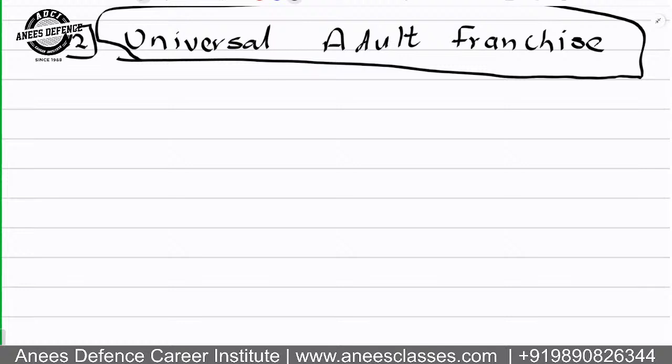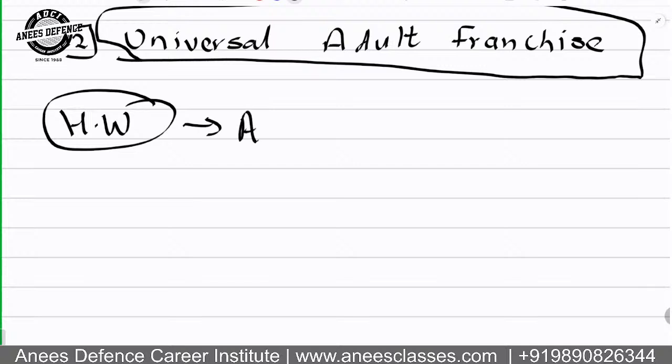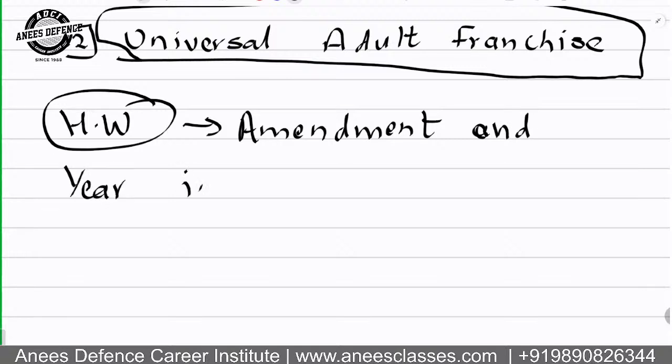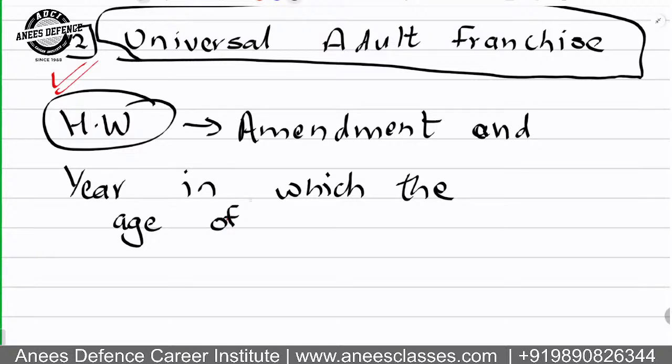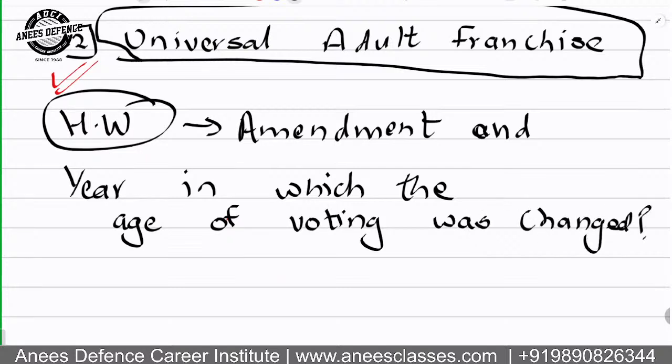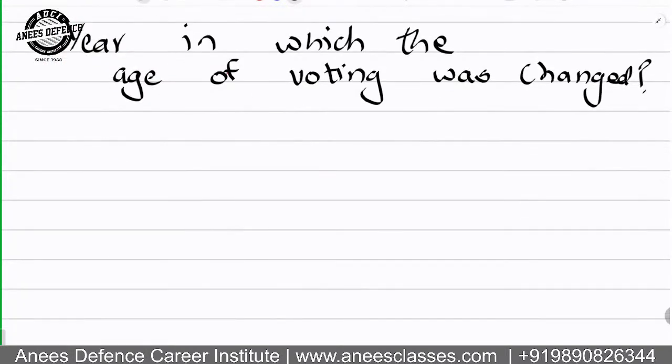Next. Now, homework for today is the amendment and year in which the age of voting was changed. This is very important from MCQ point of view. It was 21 and right now 18.